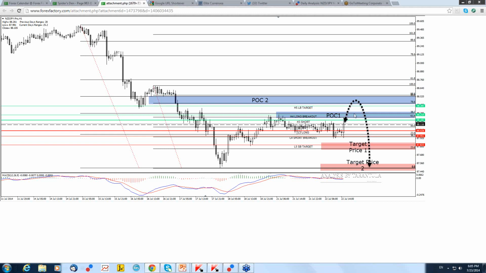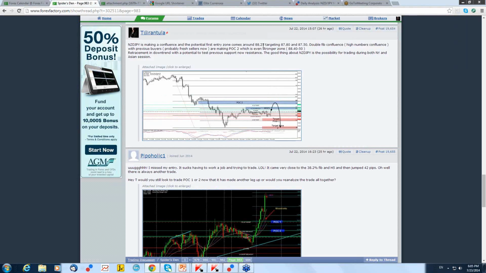So you always need to give price room to breathe. 88.25, 10 pip breather. I always say 10 pip buffer. So 88.25 to 88.15, and that was basically that first New Zealand yen POC.